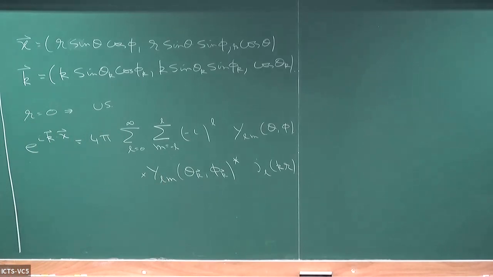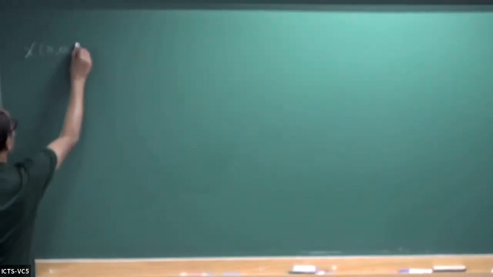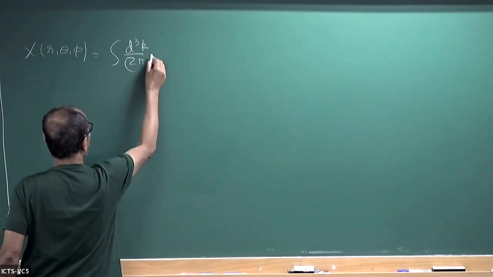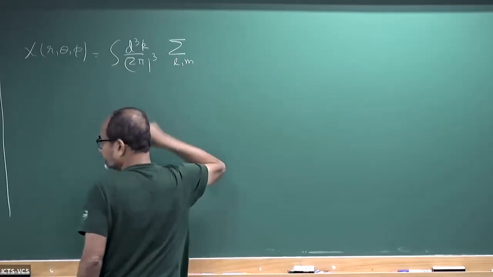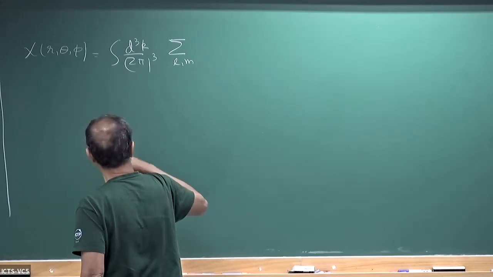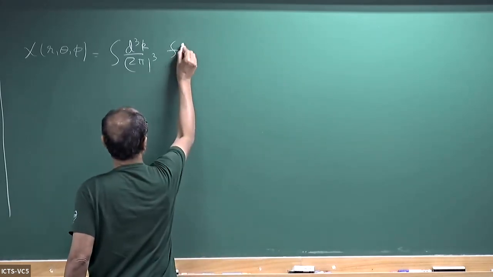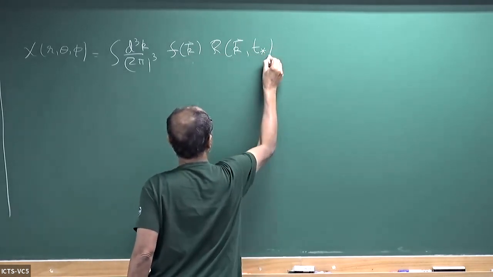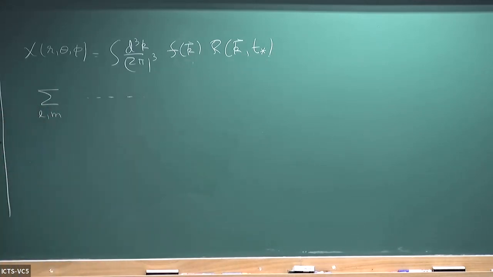So the idea is that we will substitute it in this expression over here. So chi of r, theta, phi will be given by the integral d cube k over 2 pi cube times this whole sum.